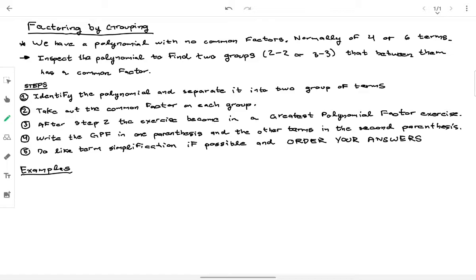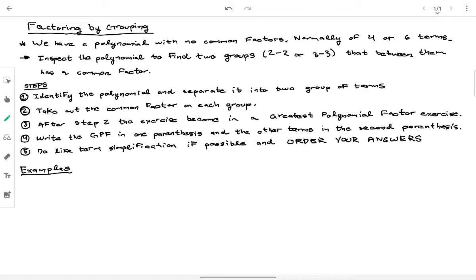So the steps for this kind of exercise are: first, identify the polynomial and separate it into two groups of terms that have common factors. Then, in the second step, we take out the common factor of each group. After doing this, the exercise will be seen as a greatest polynomial factor exercise.